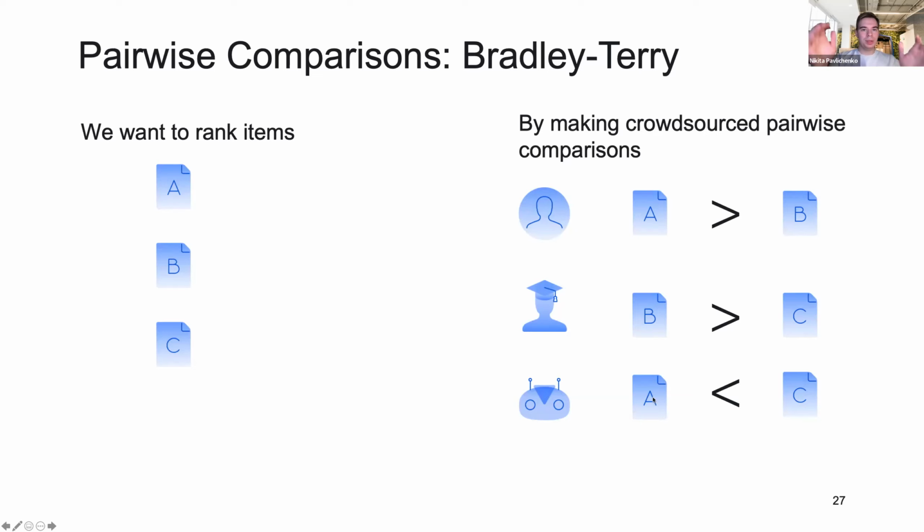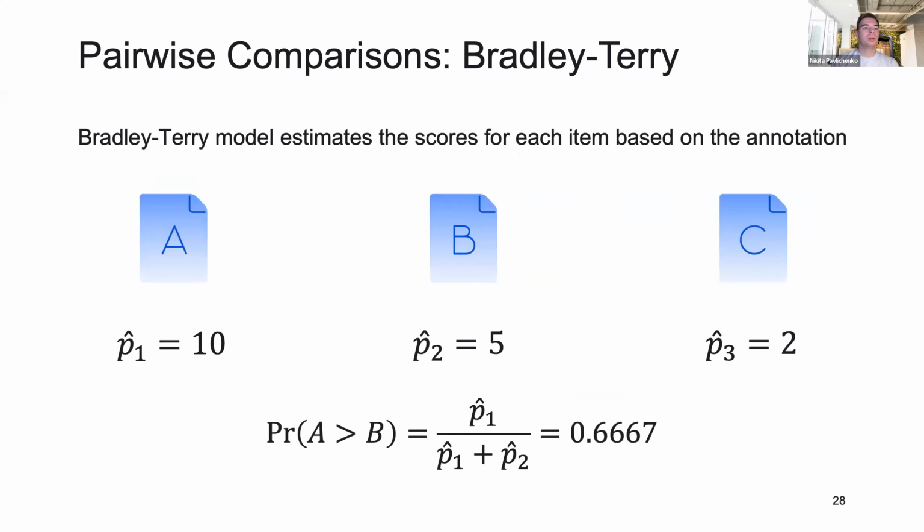And we have this list of comparisons, and we need some aggregation method that will construct our ranking, because we cannot do anything with just the comparisons. An example of a pairwise comparisons aggregation method is the Bradley-Terry model. What does it do?